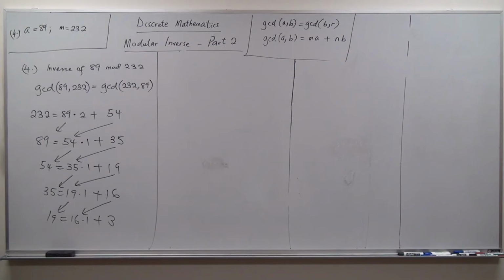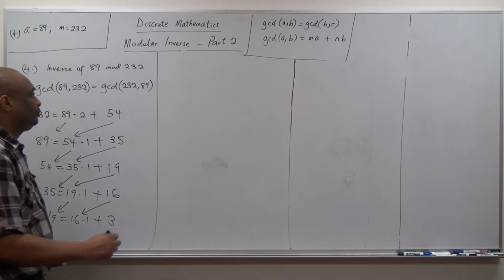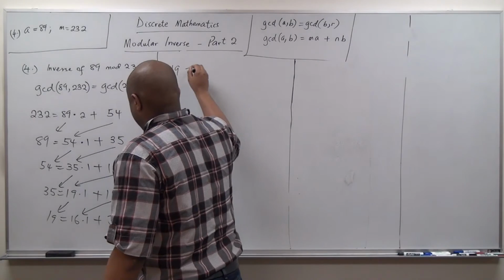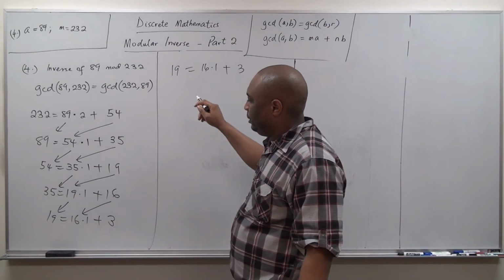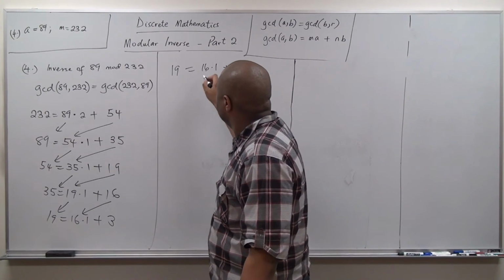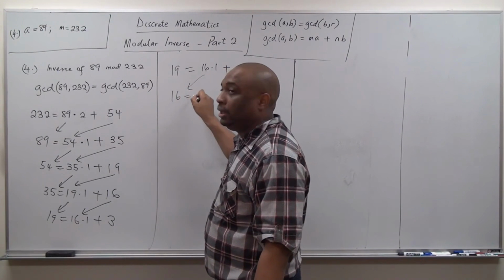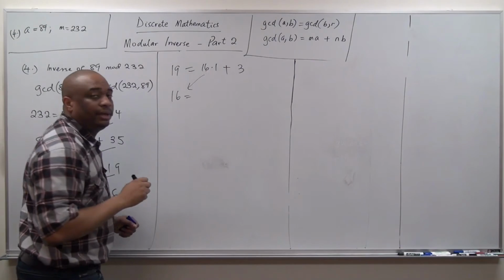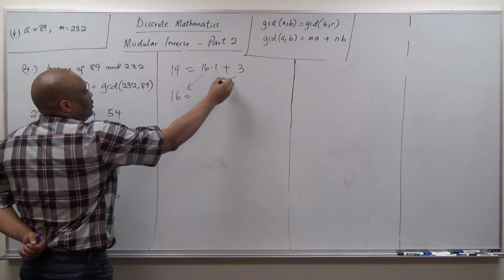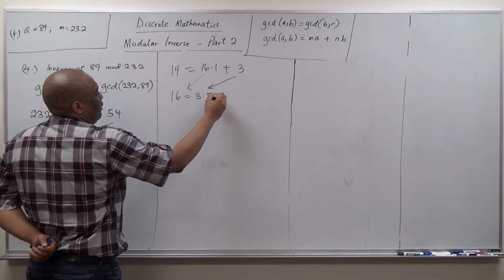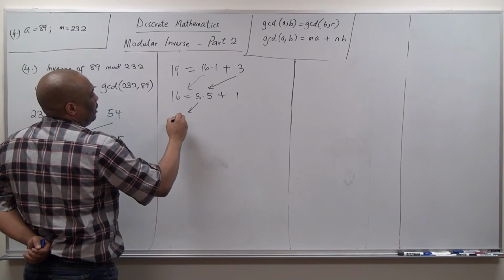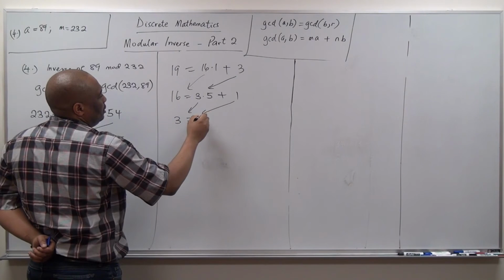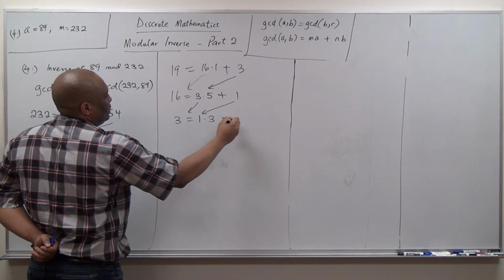Okay, making sure. So 19 is equal to 16 times 1 plus 3. Then 16 is equal to 3 times 5 plus 1, right? 3 is equal to 1 times 3 plus 0.